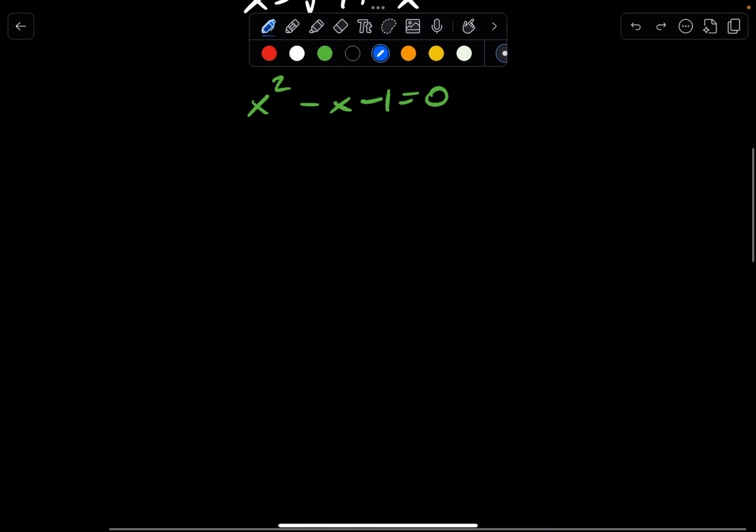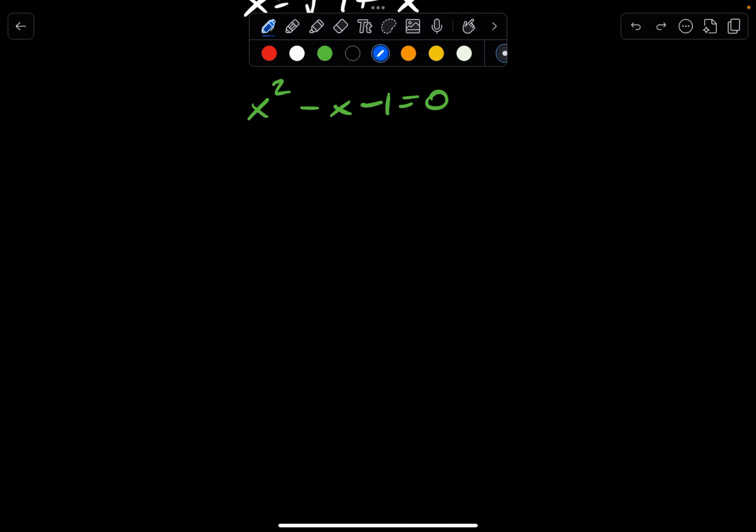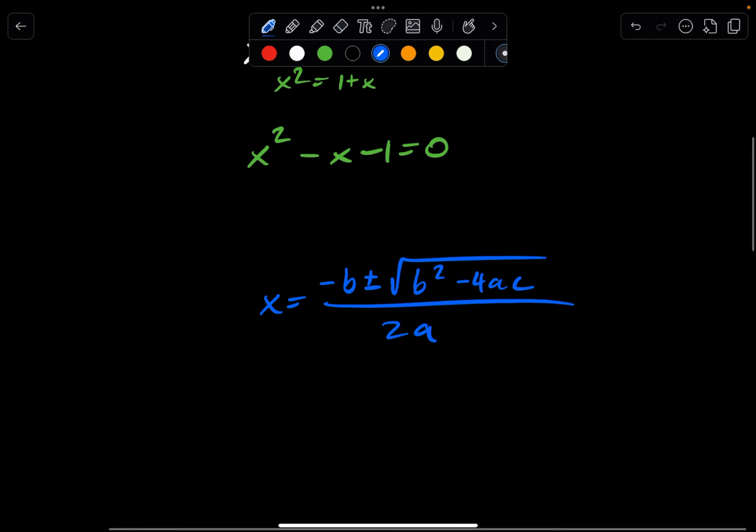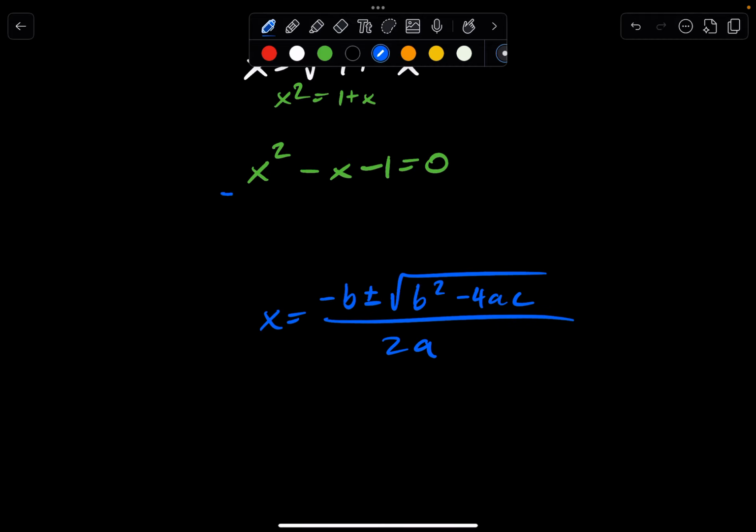So let's pull out our quadratic formula from Algebra 1. X is equal to negative b plus or minus the square root of b squared minus 4ac all over 2a. Let's identify our constants. A is 1, b is negative 1, and our c is going to be negative 1.